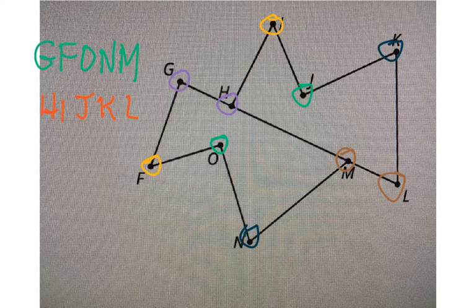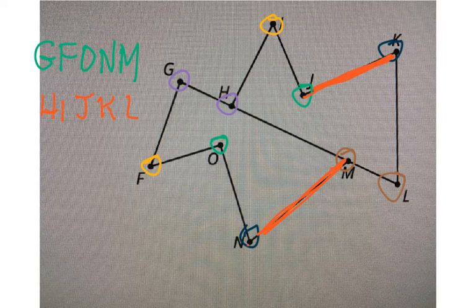Now we want to know, is segment KJ, so I've got to find that one first, let's make that red, JK is right here. Is that congruent to NM? The very first thing I want you to notice is the color. J and K, and N and M, are two different colors.